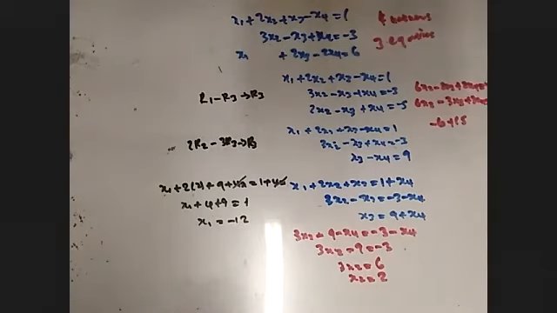Now, how can we find x3? x3 can only be written in terms of x4. So from here, the only thing we can do is have an assumption because we have two unknowns in one equation. So we can just assume.